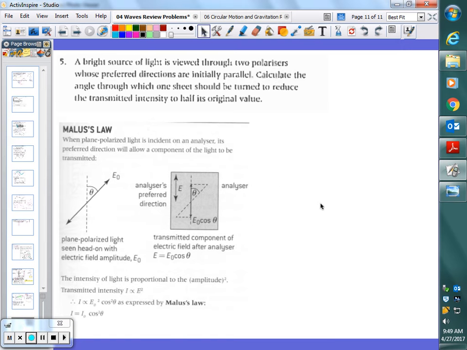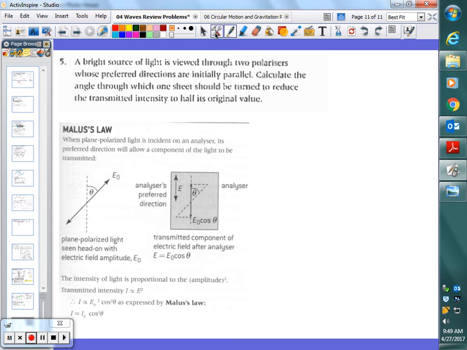Alright, so it says, a bright source of light is viewed through two polarizers whose preferred directions are initially parallel. So in this case, like we said, we have the two polarizing filters lined up so that they're letting the same orientation of waves through them. Does that make sense? Calculate the angle through which one sheet should be turned to reduce the transmitted intensity to half of its original value.